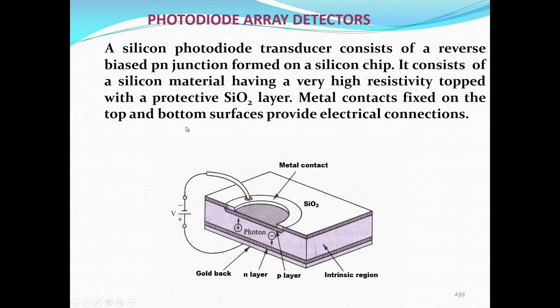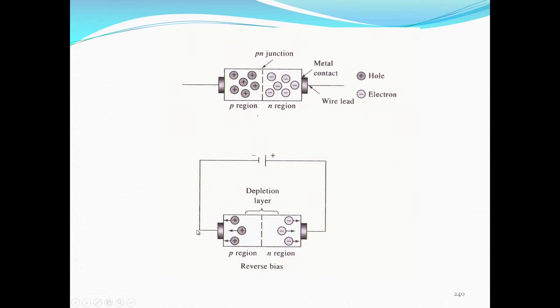Metal contacts are fixed on the top and bottom. That is why we need a gold here, gold back, to which one collector is there, and they provide the electrical connections. So, the mechanism is like this: whenever the machine is switched on, we have a PN junction, the electrons will be going one side and protons will be going on the other side.